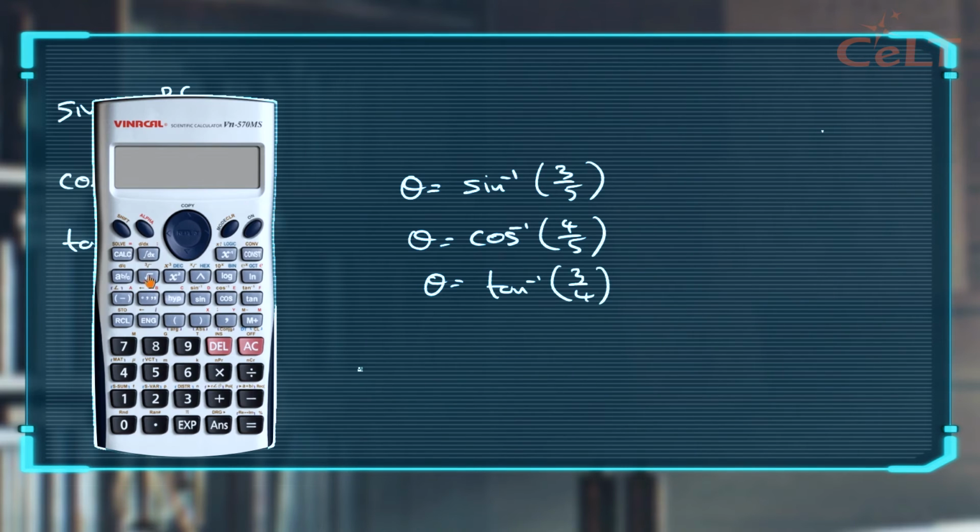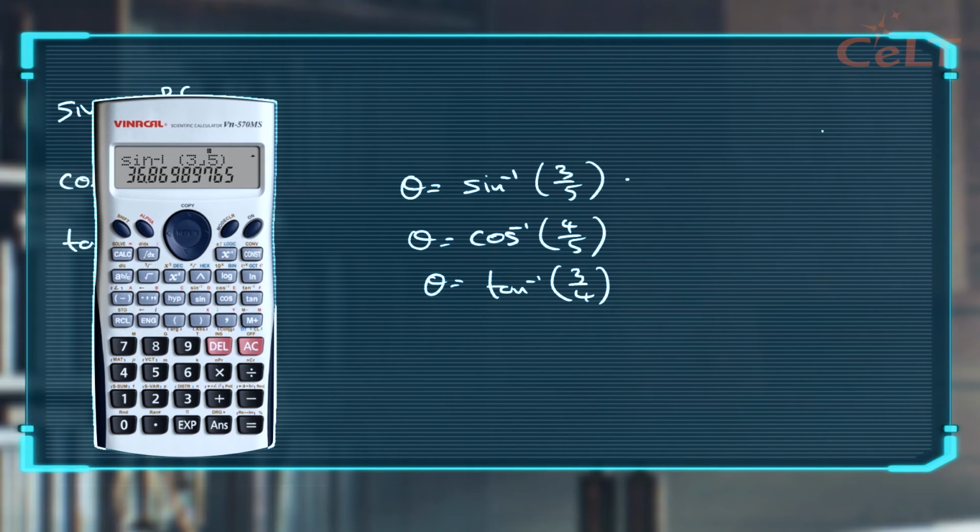So let's use our calculator for the first one, inverse sine. Inverse sine, open bracket, 3 over 5, close bracket, is equal to 36.87 degrees.